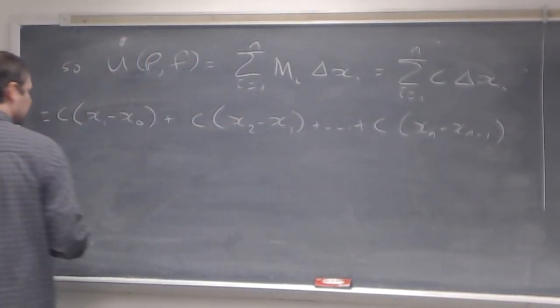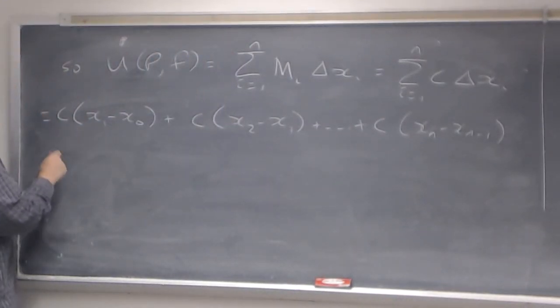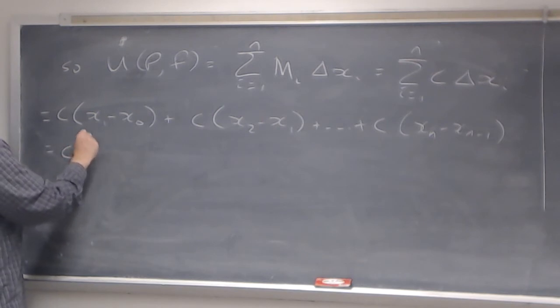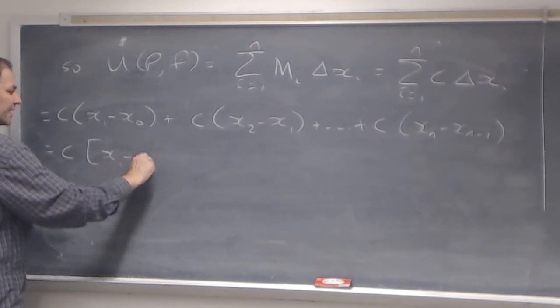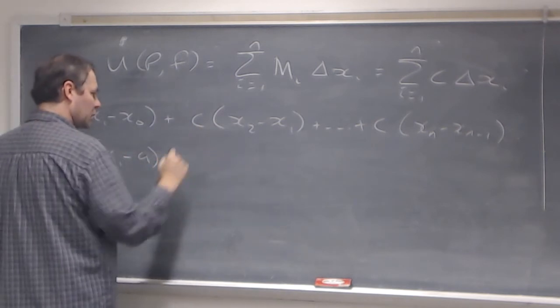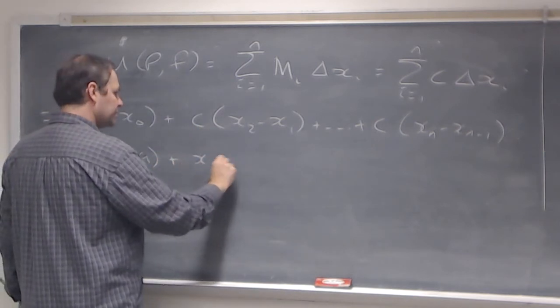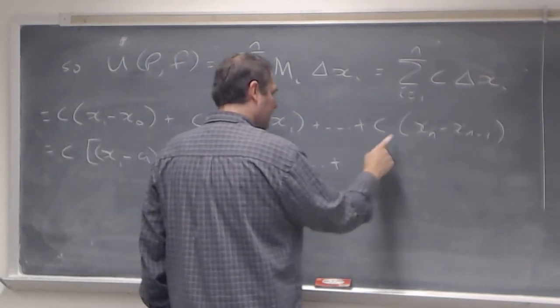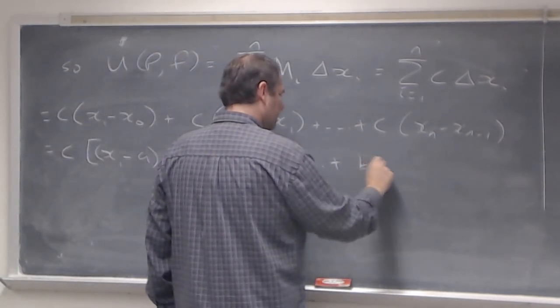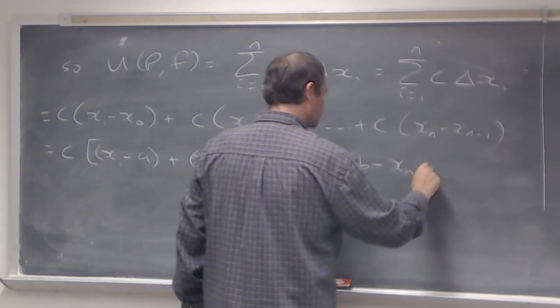Okay, so here's what I can tell you, the C's are in common. So I have C times each one of these. And this is x sub 1 minus a, plus x sub 2 minus x sub 1, plus, and we keep going, and the last one would be b minus x sub n minus 1.